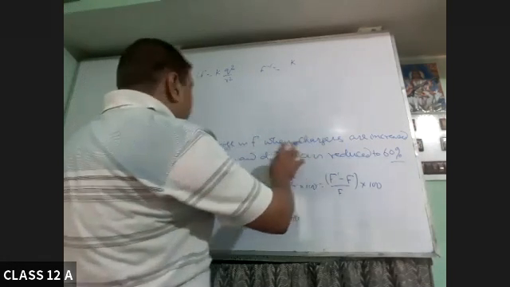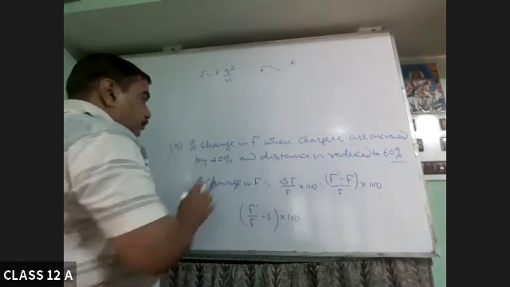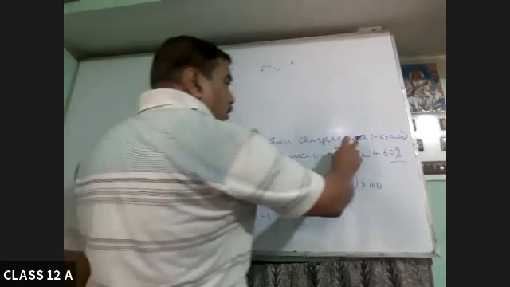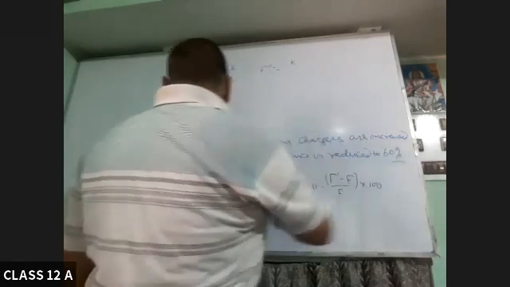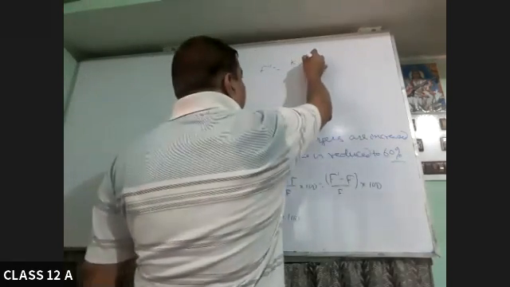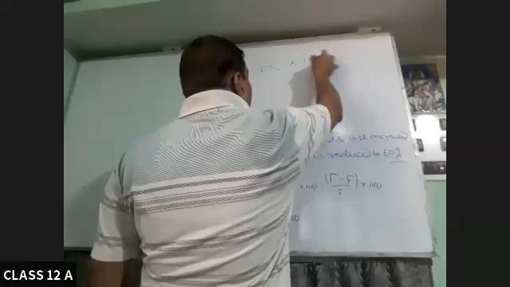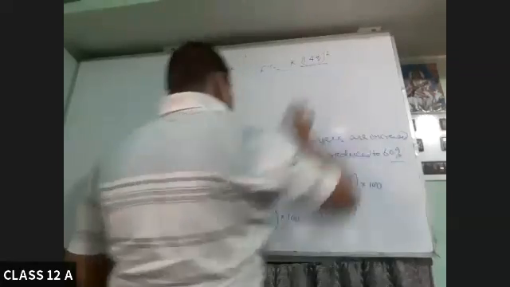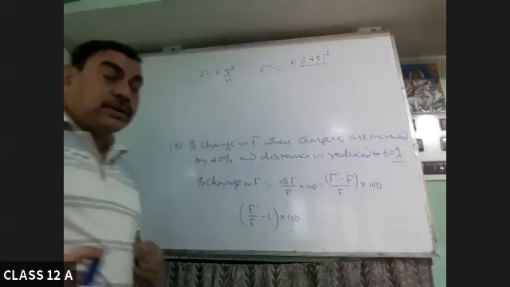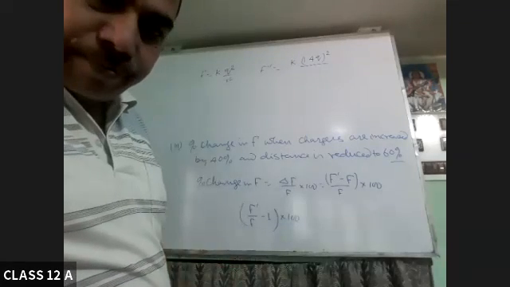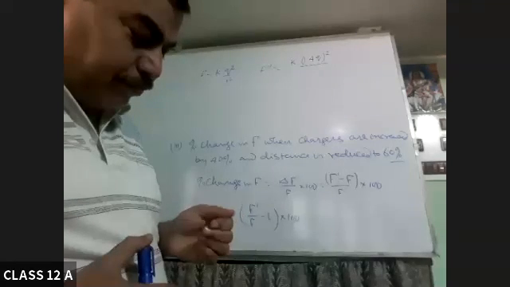So in this case, what will be? Charges are increased by 40%. So what will become? 1.4 Q whole square. Yes, sir. And distance, decreased by 60%. How much? Reduced, 0.4 R whole square, I guess. 0.4 R. Yes, yes. Any other? Reduced, now, sir.